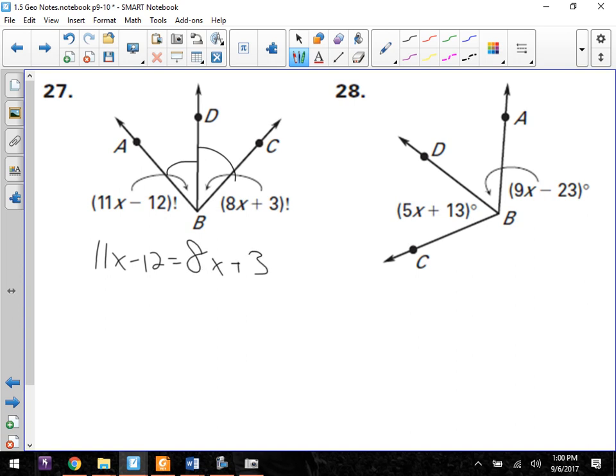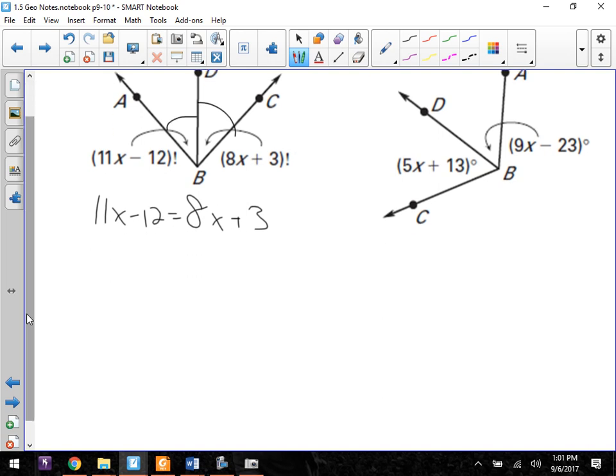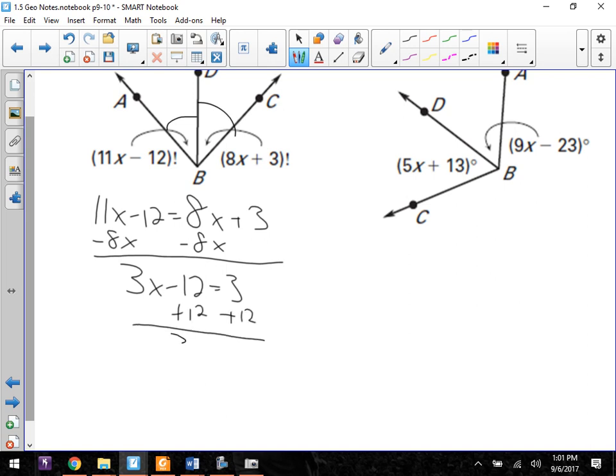Variables on both sides of the equation, who are you going to pick on? All right, so we're going to move. You can argue with how you said it, but yes, you're right. So 3x minus 12 is 3. Add the 12. Move everything away from your variable, guys. Remember, you're trying to isolate the variable, you want to get it by itself.